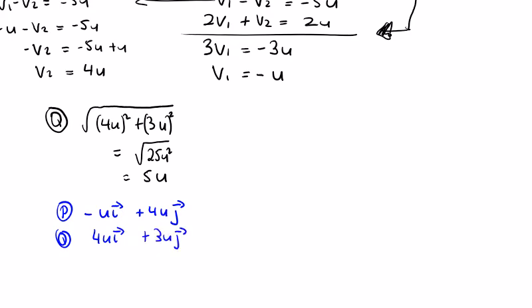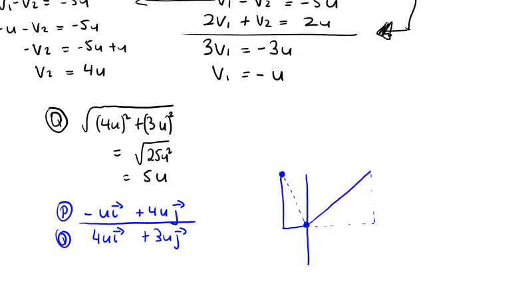Okay, so let's imagine that they hit at this point. Now, what direction does each go in? P goes minus plus, so minus u plus 4j, if we imagine it like this. So Q goes 4ui plus 3uj up in this direction.